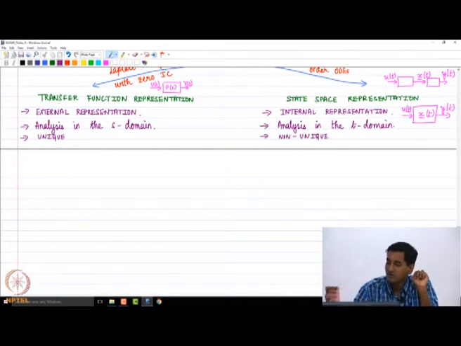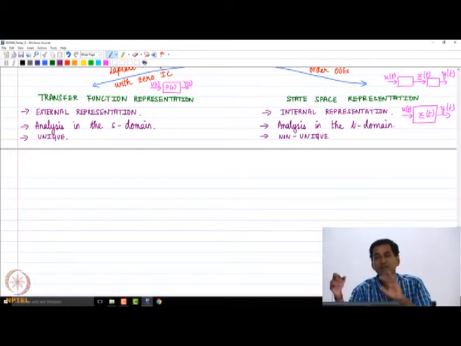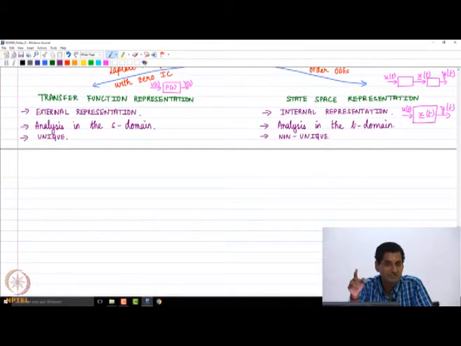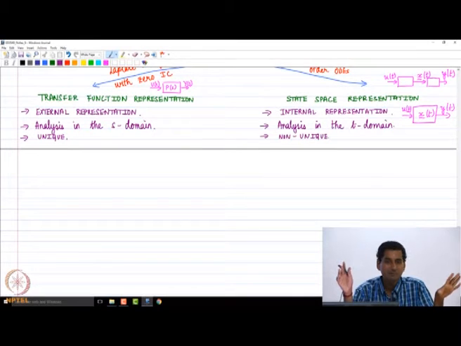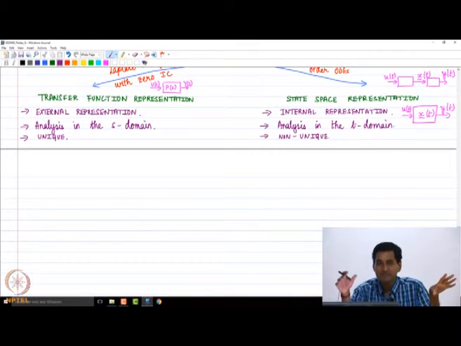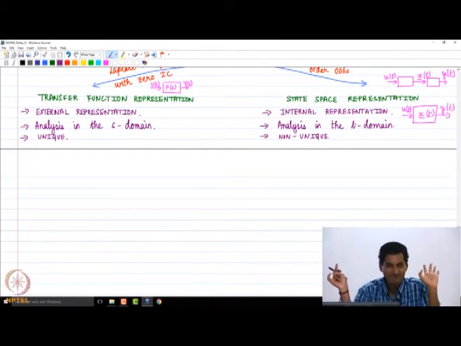That's an important attribute, because if I give the mass spring damper system, all of us in this room will get the same transfer function, 1 by ms squared plus cs plus k, but the state space representation, depending on what state variables we choose, will be different, but they will be equivalent to each other. You give the same input, the state variables may be different, but the output will be the same.